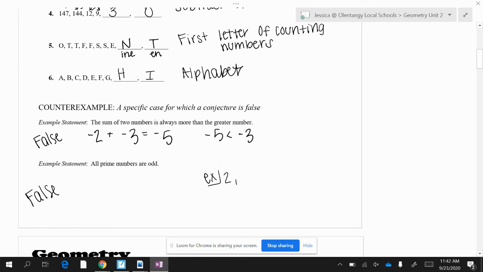So 2, 3, 5, 7, 11, 13, and it keeps going on. So all of these numbers only have factors of 1 and itself, and the statement is false. And my counterexample for that one would be 2, which is prime and even.